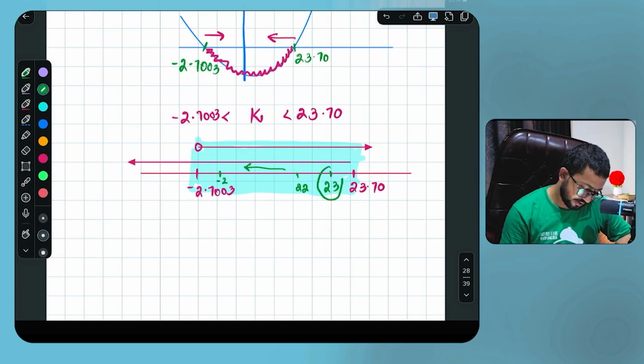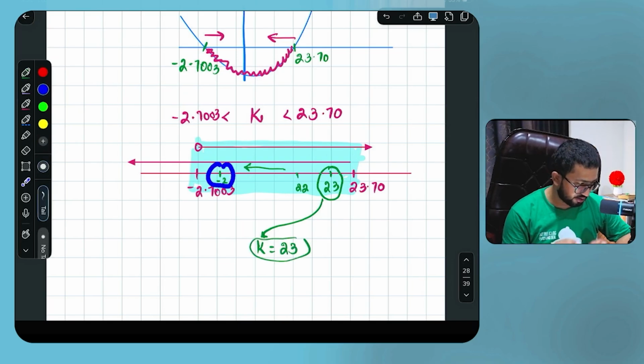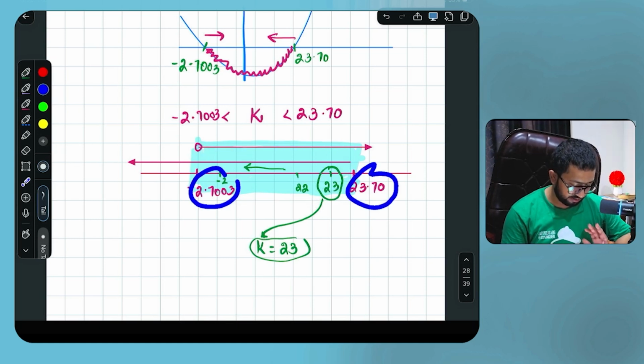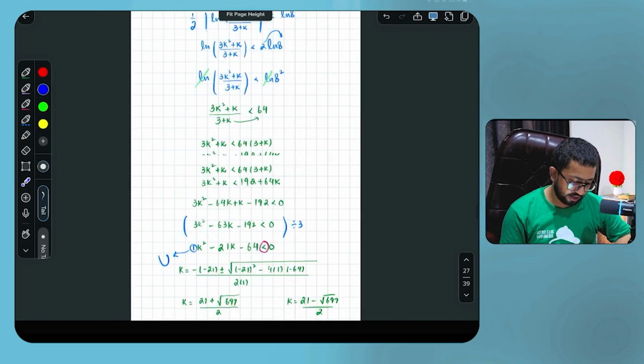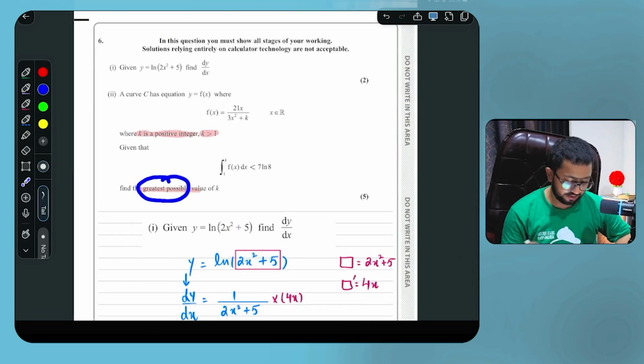The greatest value of k will be 23. Be careful, minus 2 is not a greater value. You have to figure out the greater value of k, which is an integer. k is an integer, k is not a decimal. So we need to find the value of k which is greatest actually. Perfect.